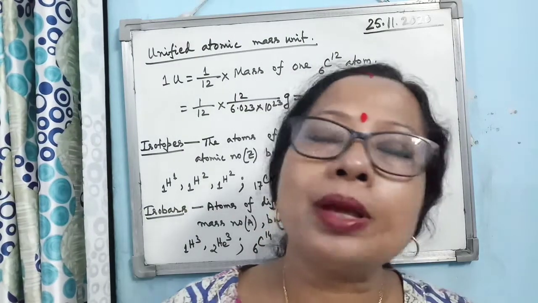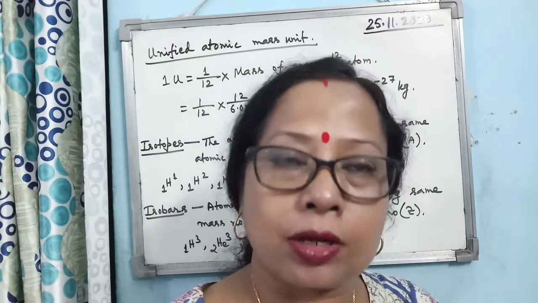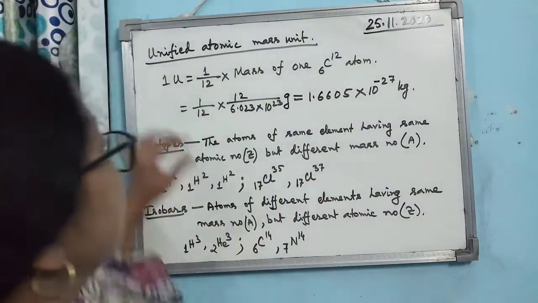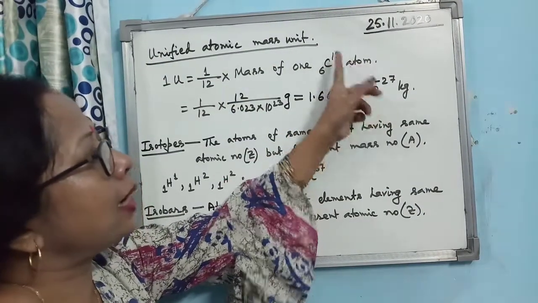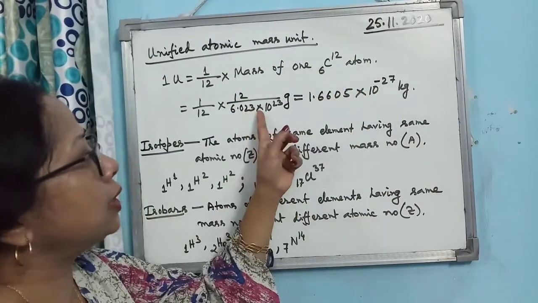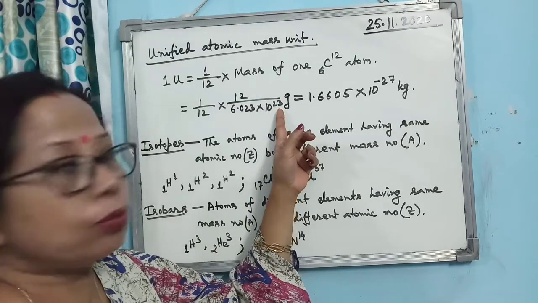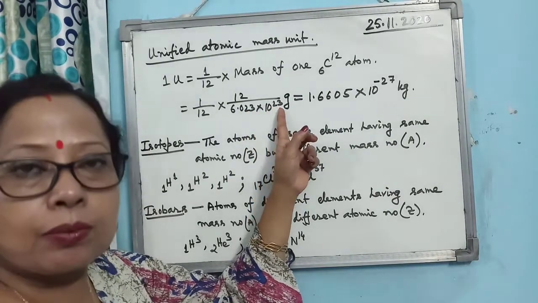So what is atomic mass unit? 1/12 of mass of one 6C12 atom. Which isotope we have to take? 6C12. So you know that 1/12, what will be mass of one 6C12 atom? 1 gram contains 6.023 into 10 to the power 23 number of atoms.